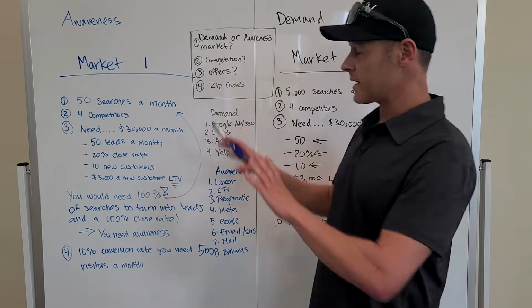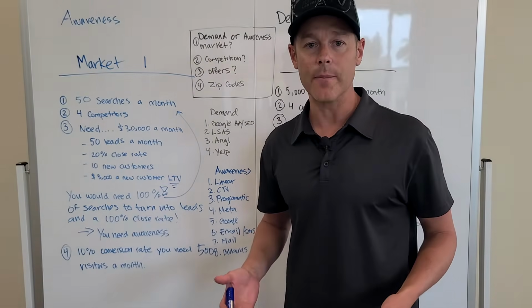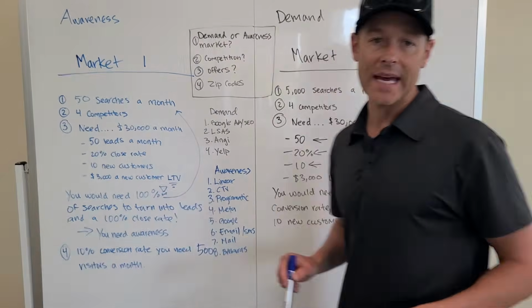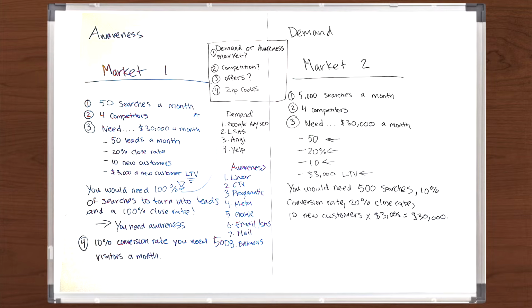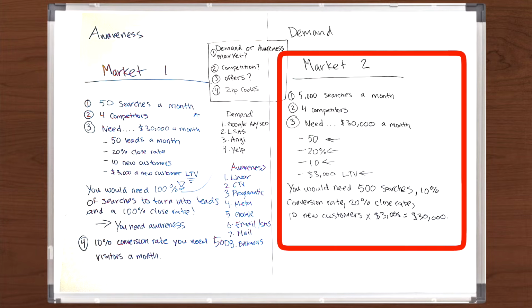Now, before I talk about how we can do something like that, let's take a look at a demand-based market. So this is market number 2. There's 5,000 searches a month in this market. There's 4 competitors in the market, so there's a little bit of competition. This same business needs $30,000 a month in new revenue to be coming in.